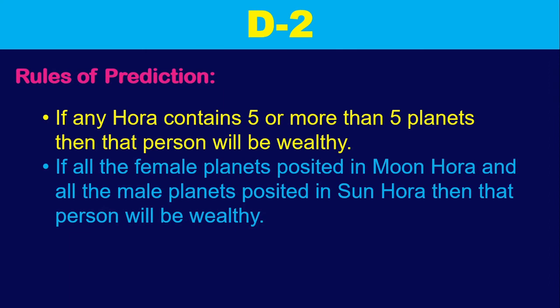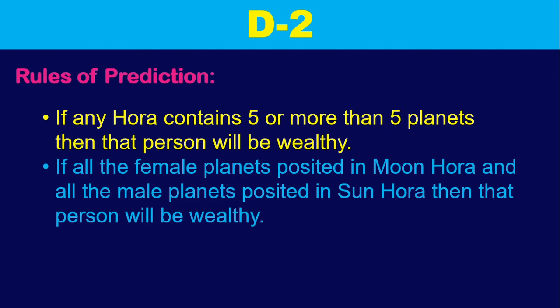Now, rules of prediction of the D2 chart. If any Hora contains 5 or more planets, then that person will be wealthy. If all the female planets are posited in Moon Hora and all the male planets are posited in Sun Hora, then that person will be wealthy. Here we all know that Moon is a female planet and Sun is a male planet.